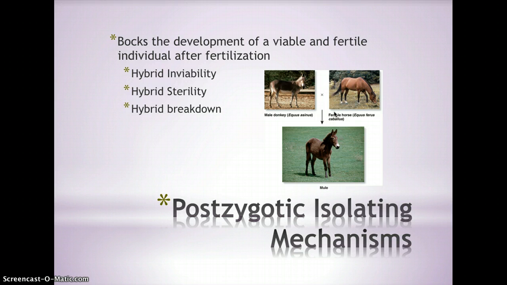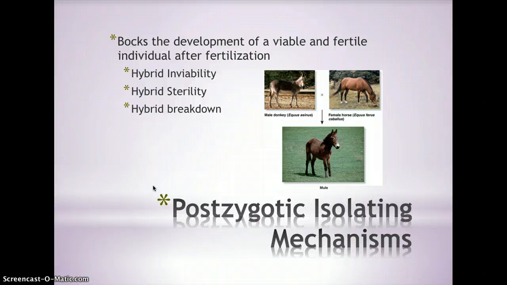A classic example of this is a mule. So here's a mule right here. It's made by the sperm of a male donkey and the egg of a female horse, creating a mule. So, how come the mule is sterile? Well, for one thing, a horse has 32 chromosomes per set, and a donkey has 31 per set.